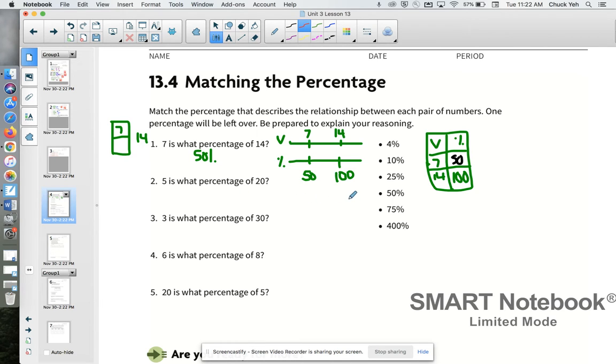All right. So number 2, I'm just going to do a double number line. And then the table is kind of like the same thing, but I'm not going to do a table. So then this is 5. Oops, 5. This is 20. And this is 100. So 5 times 100 and divide by 20. That is 25%.